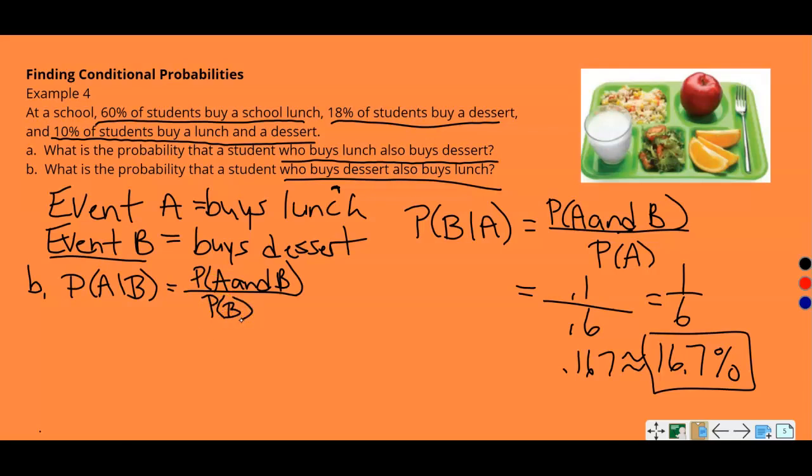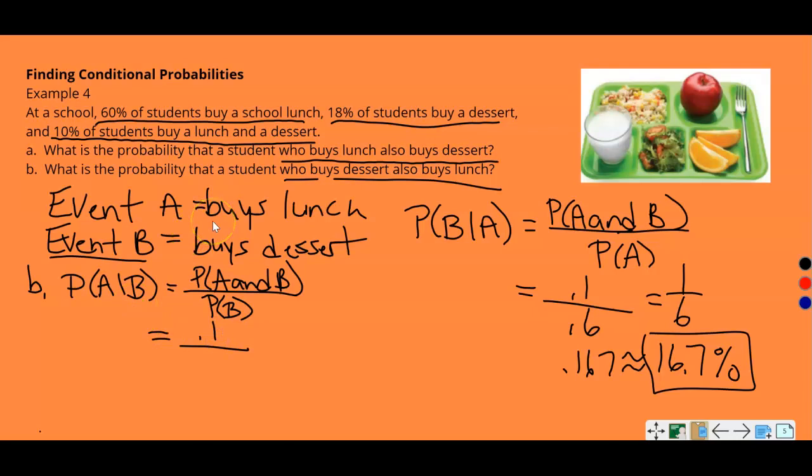So the way things are worded is very important in these problems, and you have to pay very close attention to the wording. So now the probability of A and B, buys dessert and buys lunch, is still going to be 10%. 10% of students buy lunch and dessert, so that's 0.1.